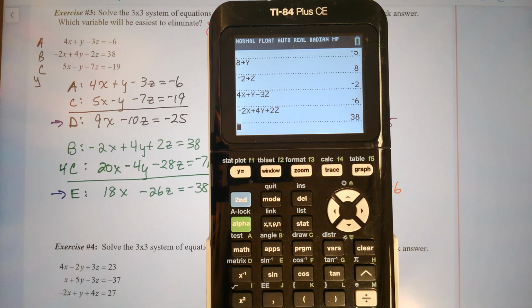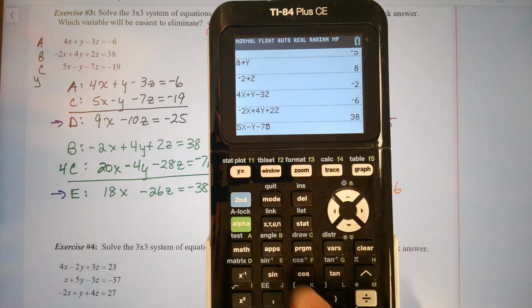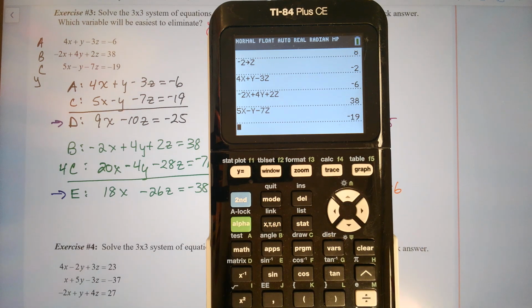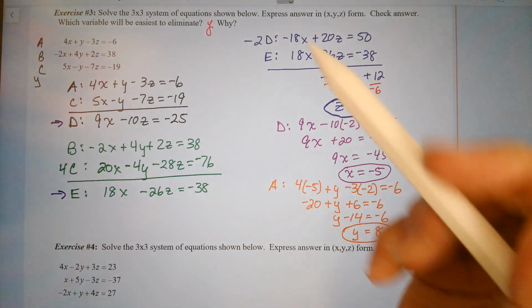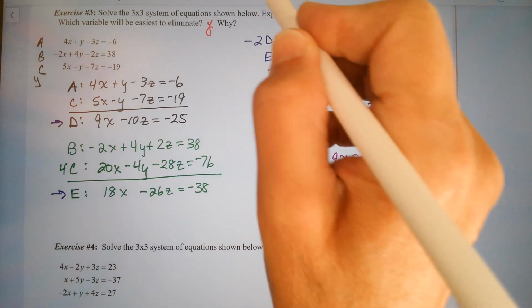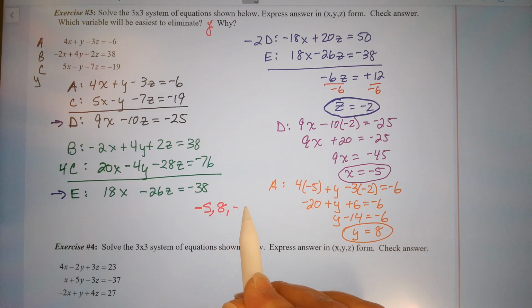It's 38, good. And 5x minus y minus 7z. Negative 19. Good. Let's put our answer in the form xyz: negative 5, 8, negative 2.